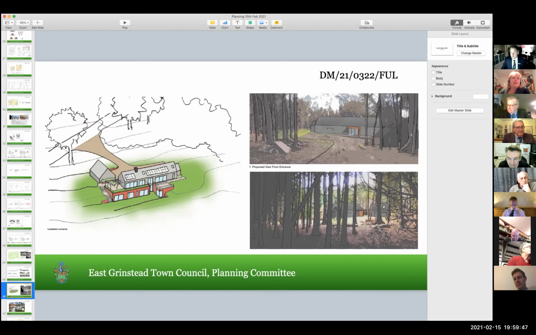Any other comments on this at all? Chairman, would you like me to include in the comments that the committee commend the architectural design of this? Because of course Mid Sussex will be looking at their design awards at some point, and if you want to give this one a bit of a push and for them to look at it, that's probably a way of doing so. I agree. Yeah, that'd be great. I think this is a beautiful and sympathetic Sussex barn style with hidden building.